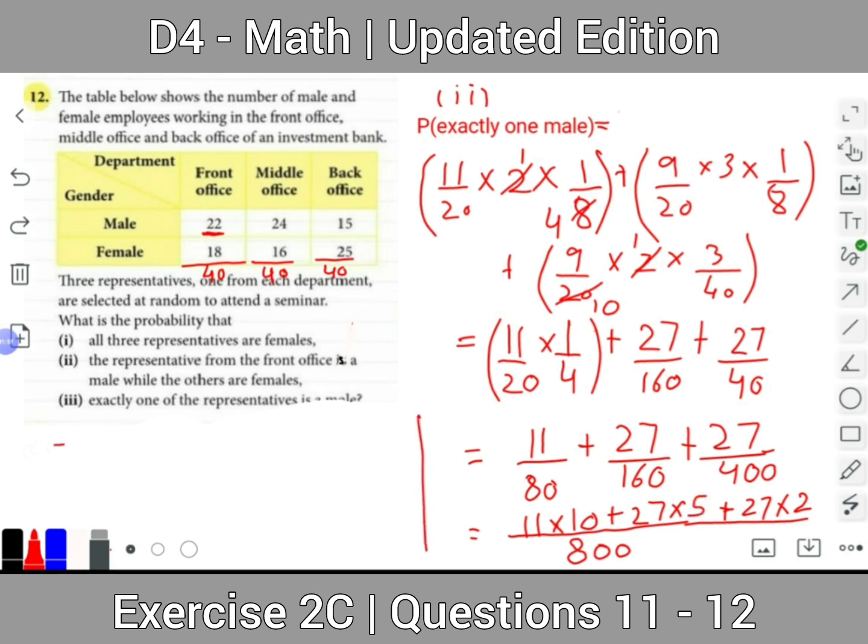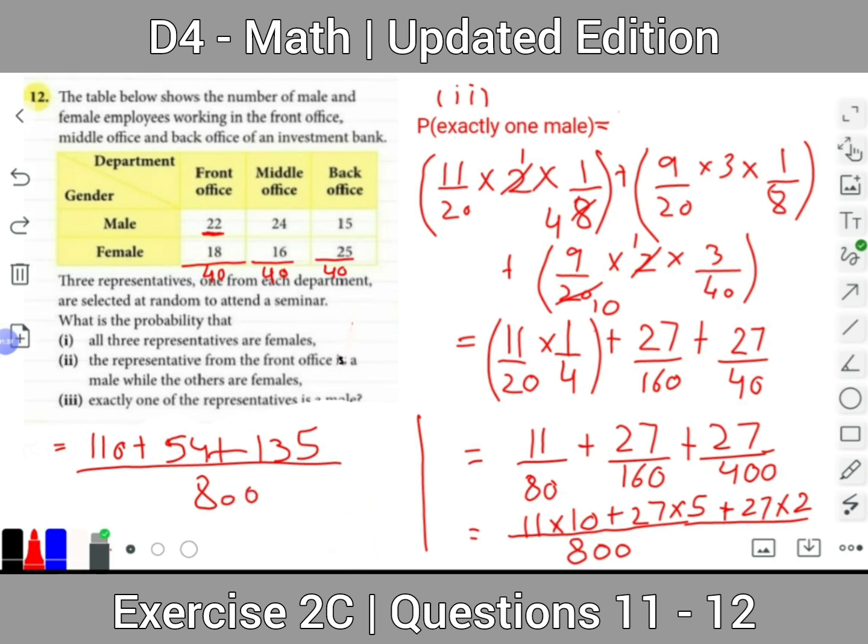Now here we have 110 plus 27 multiplied by 2 is 54. Add 27 multiplied by 5 is 135, divided by 800.